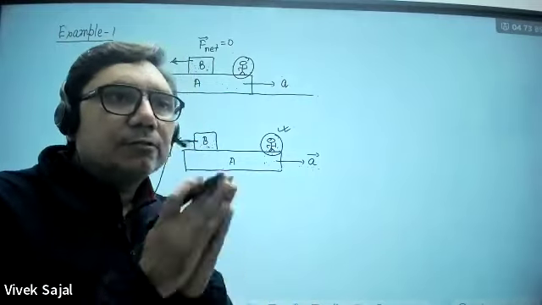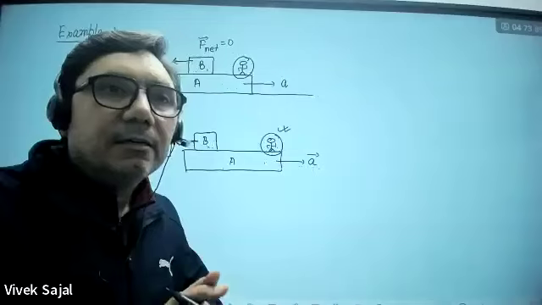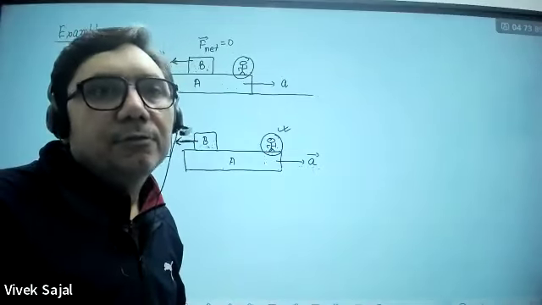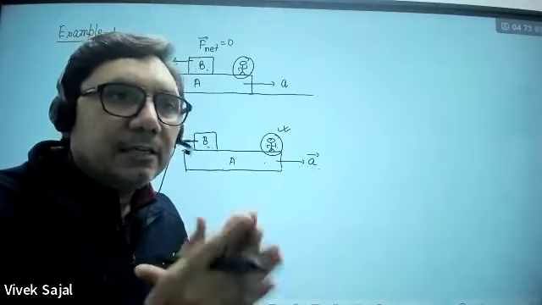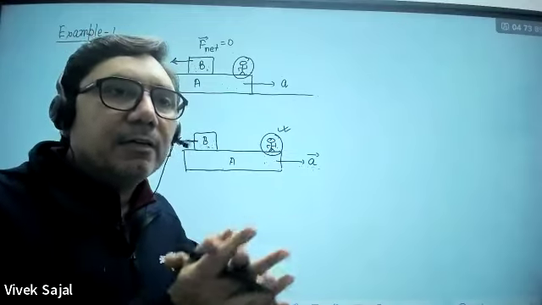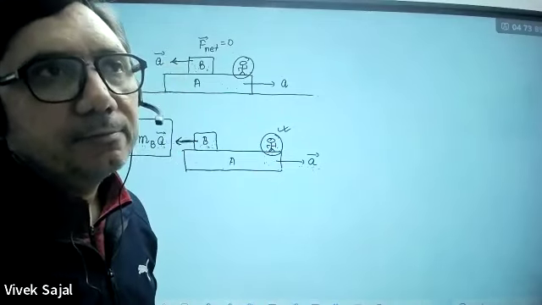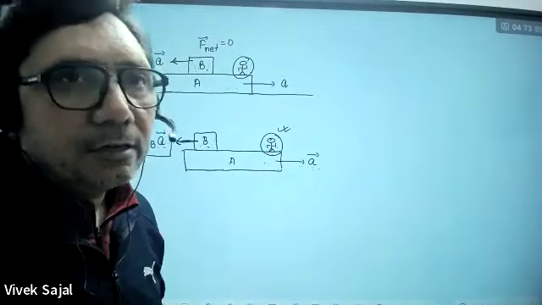So whenever you solve a question in an accelerated frame, by using the pseudo force, one can convert a non-inertial frame into an inertial frame. So pseudo force is not a real force.